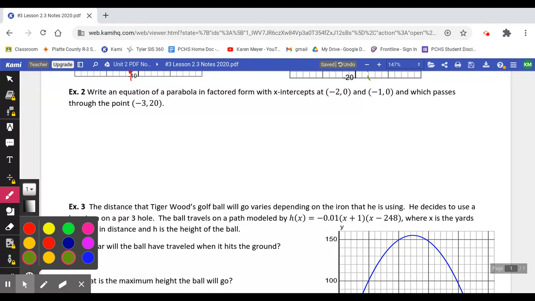So on example number 2, this time I'm going to give you some information, and your job is to write an equation that is in factored or intercept form.